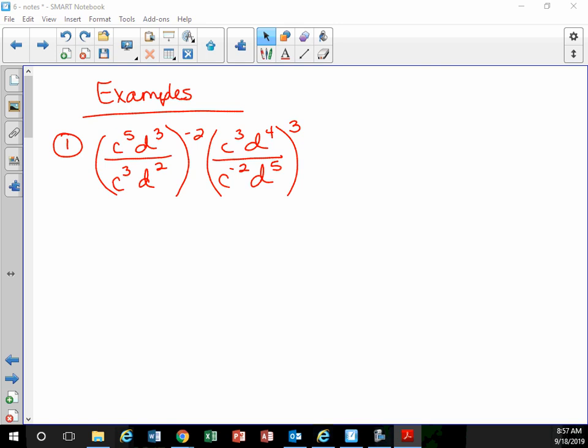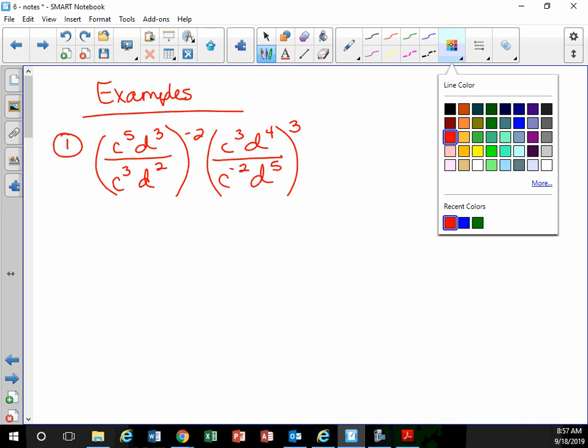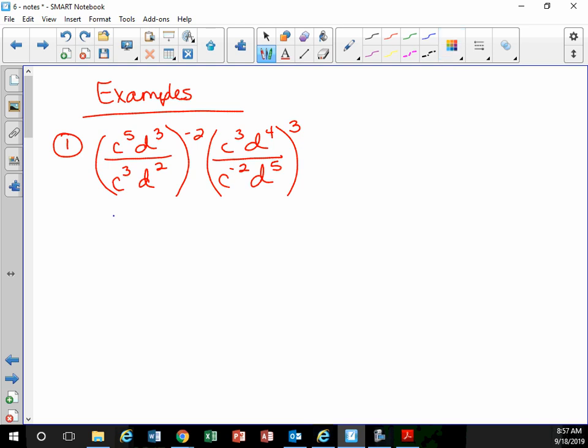Okay, guys. The answer was C to the 11th over D to the 5th. Most of you got there. Start in the parentheses here. So I end up with C squared and a D left, which is going to be 1 over C to the 4th D squared.